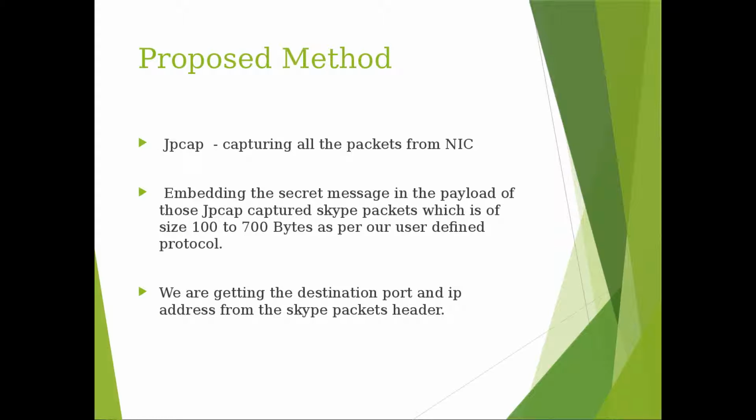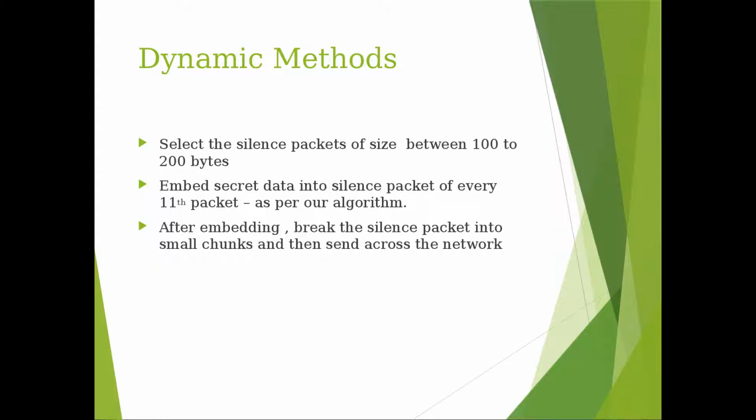Here we use JPCAP, which captures all the packets from the network interface card, and we embed the secret message into the payload of those JPCAP-captured Skype packets, which is nearly 100 to 700 bytes as per our user-defined protocol. We get the destination port and the IP address from the Skype packet header, which is how you identify your destination.